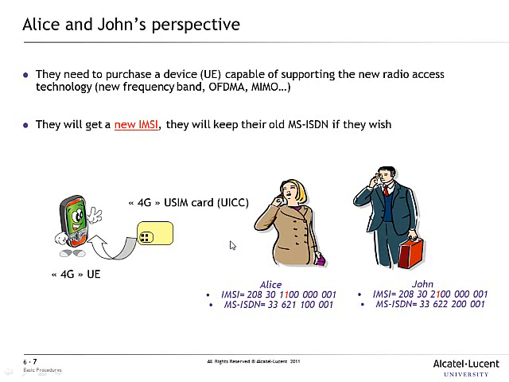So you get your new 4G USIM card, and into that the MSISDN number is put. The numbers you see here for Alice and John have a France country code, because these slides are from Alcatel-Lucent, so they were developed in France.